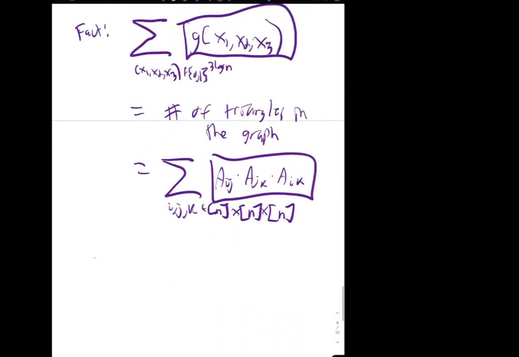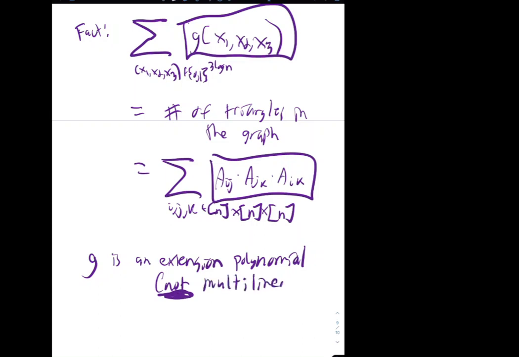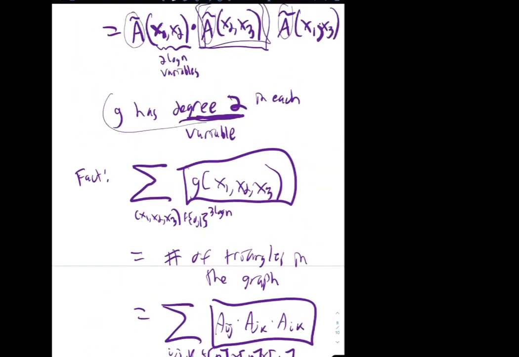So G is an extension polynomial, but not multilinear because it has degree 2 in each variable. It was derived from the multilinear thing, a twiddle, but G itself is not multilinear. It has degree 2 in each variable.